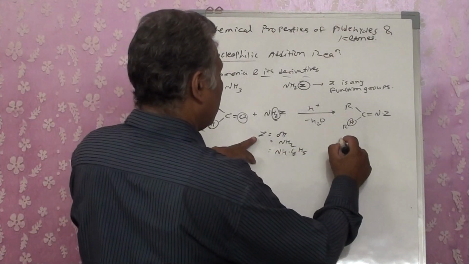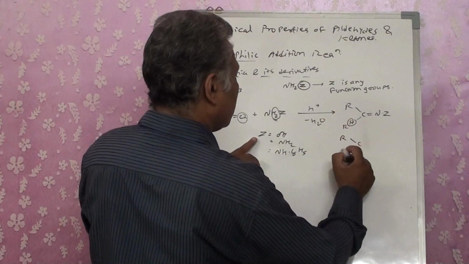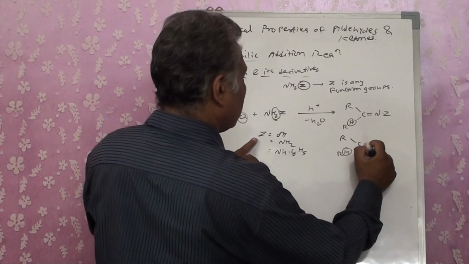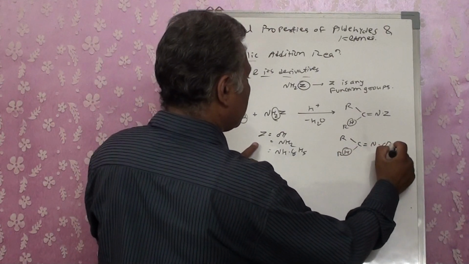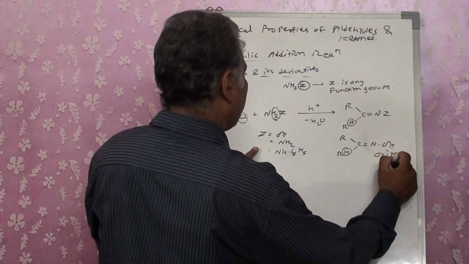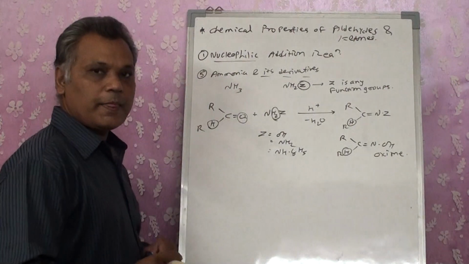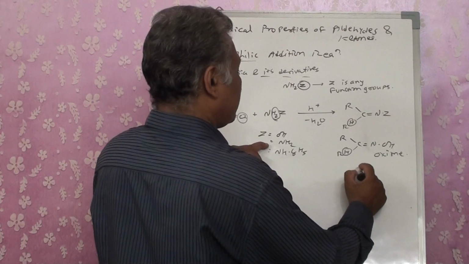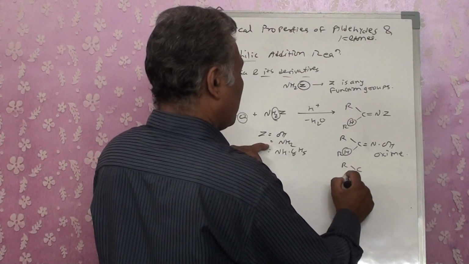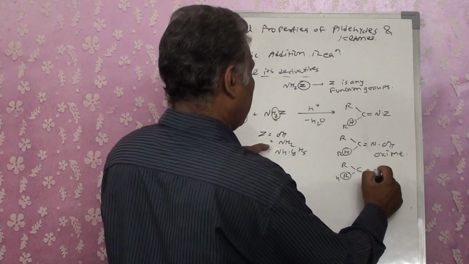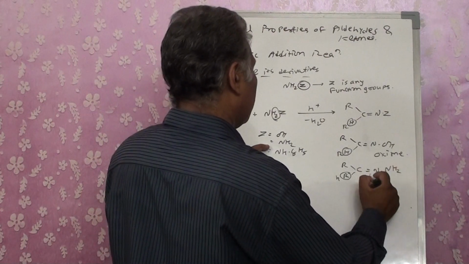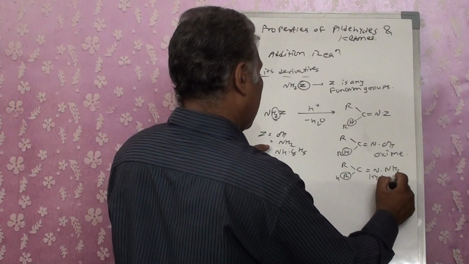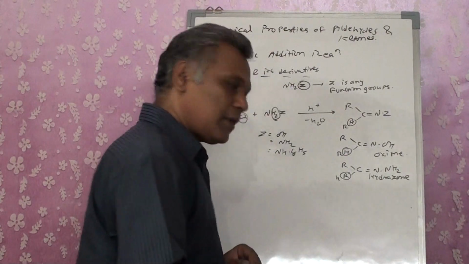If Z is OH, it's going to get converted to C=NOH. This particular compound is known as oxime. Now in place of OH, if it is NH2, then you get C=NNH2, hydrazone.